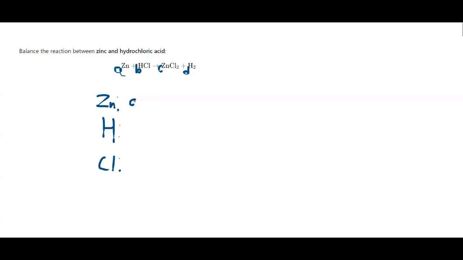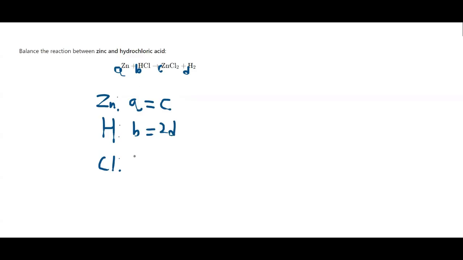We have A number of zinc on the left side, and C number of zinc at the right side. For hydrogen, we have B on the left side. And don't forget to multiply this 2 because on the right side, it's DH2. So it becomes B equals 2D.